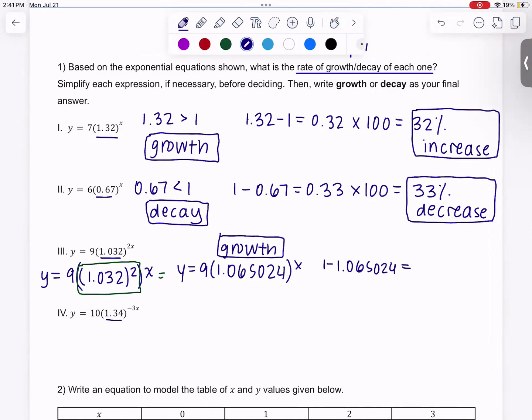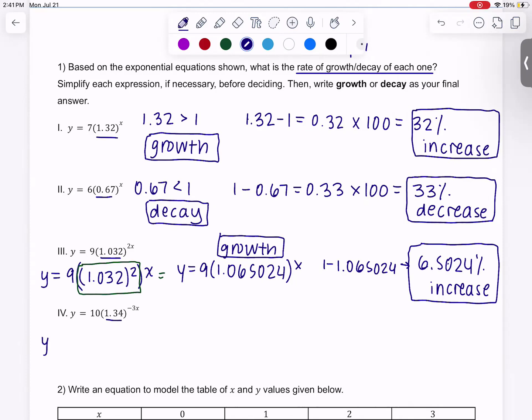We get 0.065024. And we multiply it by 100, and we see that it's a 6.5024% increase. Writing decimals out like this may not always be required. The question will tell you how many decimals to round to. Here, because we need to simplify the next one as well, we won't write all the decimals.